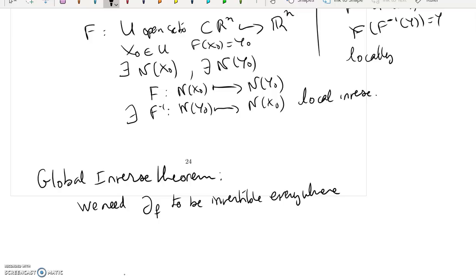We need to have a local inverse everywhere, plus, maybe not easy to show, the fact that f is an injection. And if it's not an injection, and you know that it's half of the way to prove that something is invertible, you will never get that it's invertible everywhere.